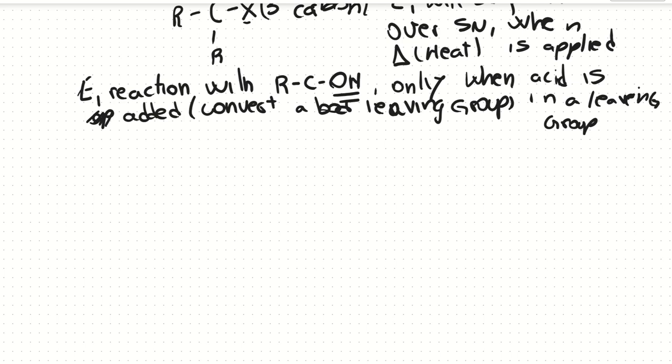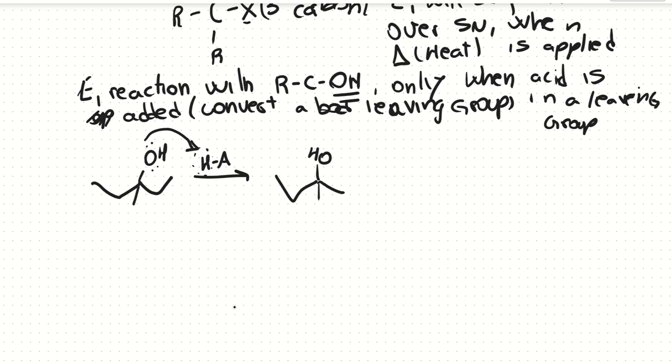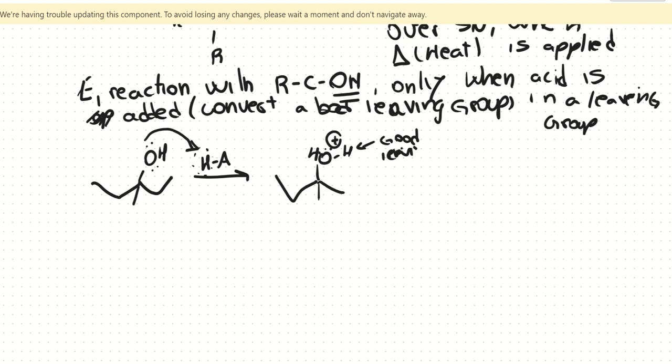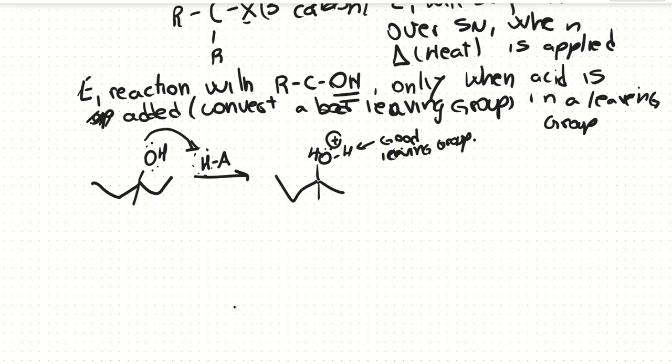Imagine I have an alcohol over here. If you have an acid, in an acid we always have a hydrogen, so this will work as a nucleophile and extract this proton from here, and we're going to have a molecule of water, but now with a positive charge, which is a good leaving group.